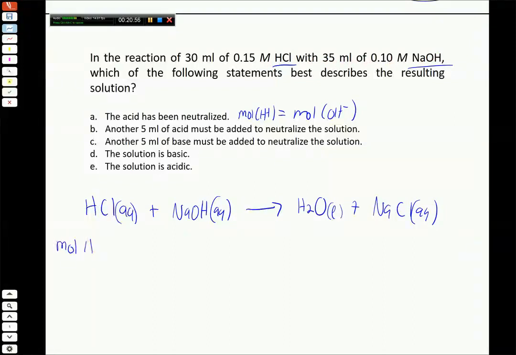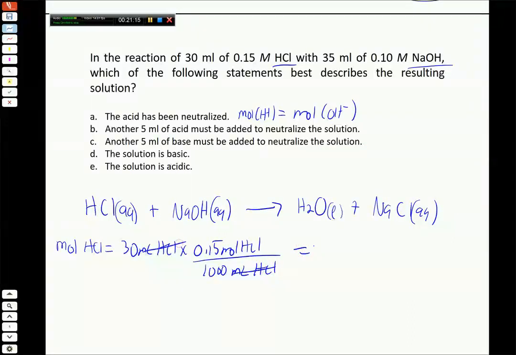So the moles of HCl are going to be 30 milliliters of that solution. The molarity is 0.15 molar, which means we have 0.15 moles of HCl per 1 liter or per 1,000 milliliters, using the shortcut that I like to take.